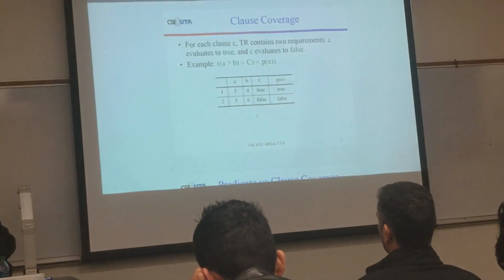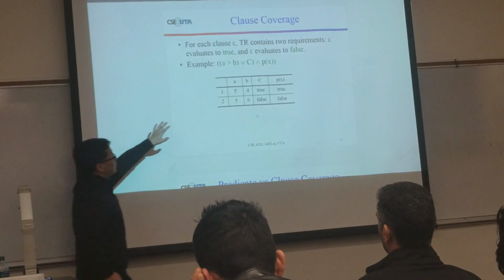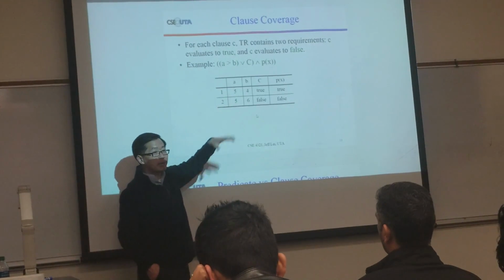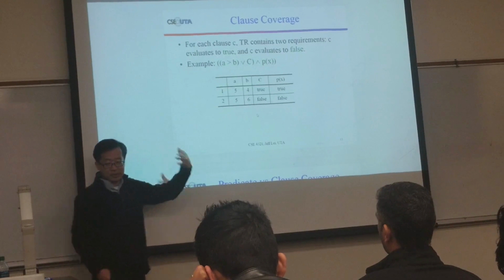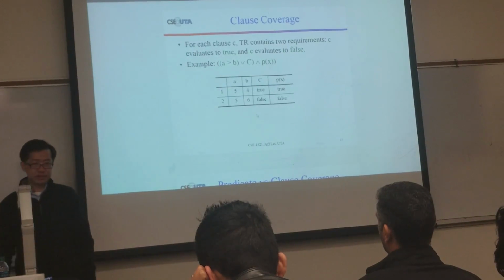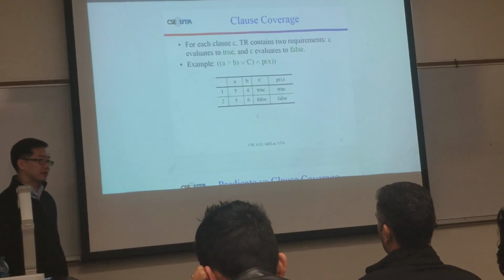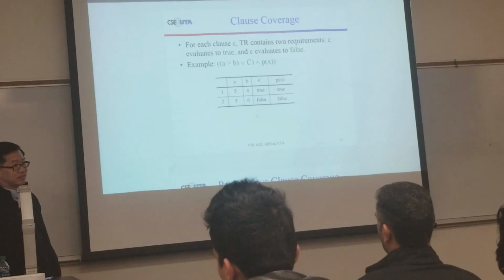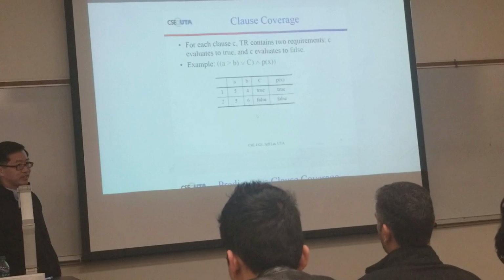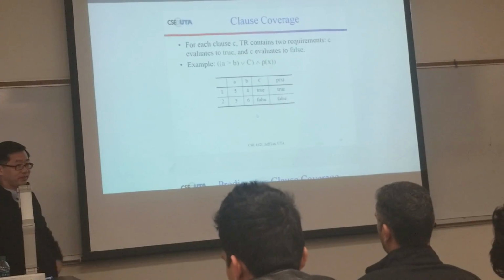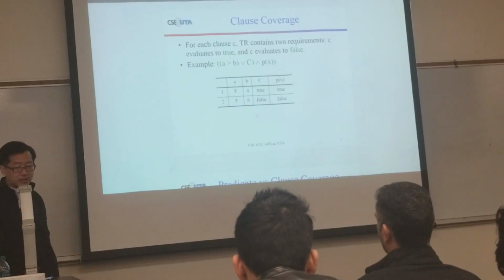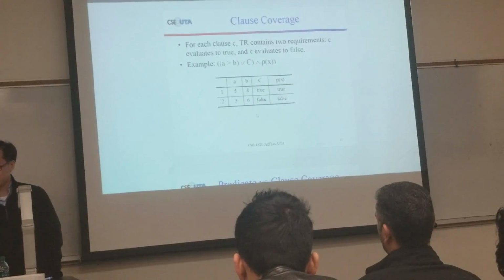Even though you test a class like A and B, A greater than B, true and false, the effect of this class on the predicate is somehow masked by other clauses in the predicate, so that you do not really see what's going on if you have a different value for the clause.